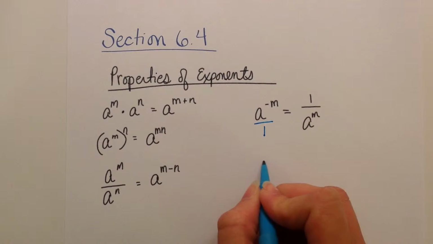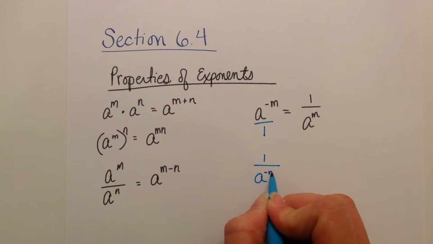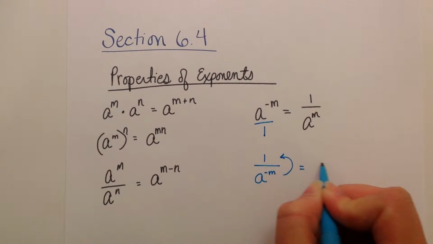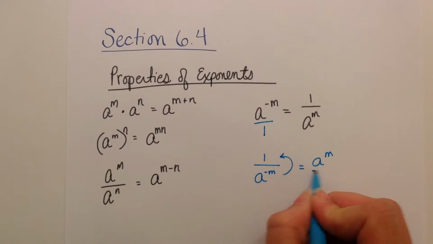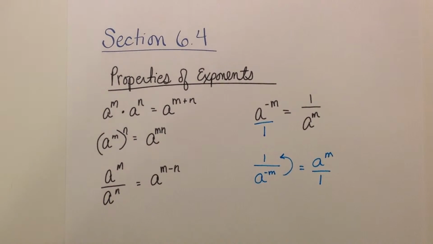And it would work if you had 1 over a to the negative m, and it started out on the bottom, you could take it and move it to the top, which would cause your exponent to change to a positive. So of course, that's understood to be over 1, so that means it's in your numerator.